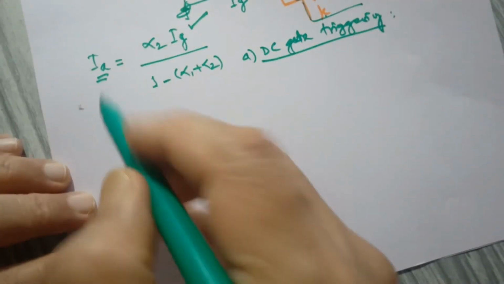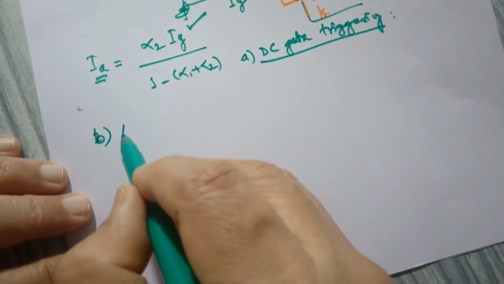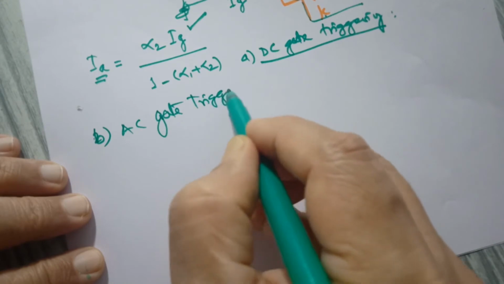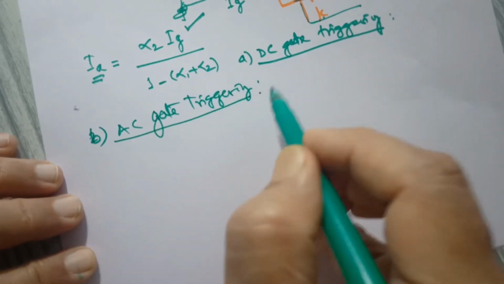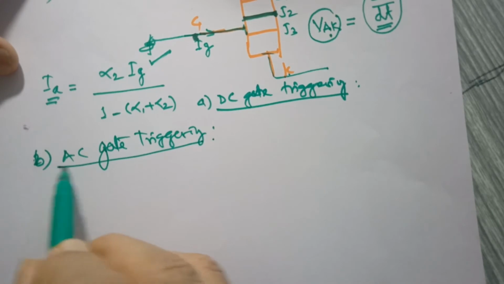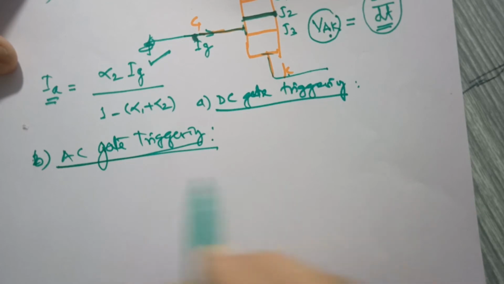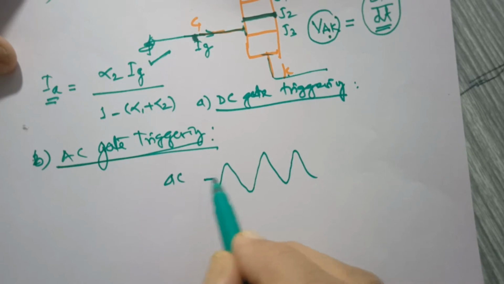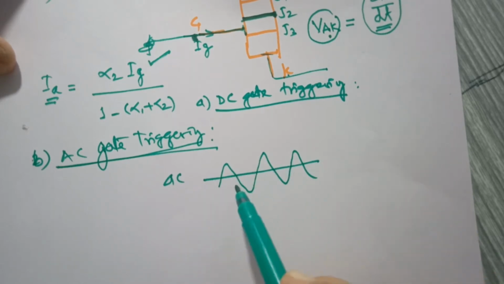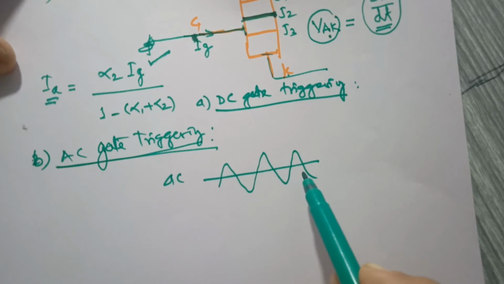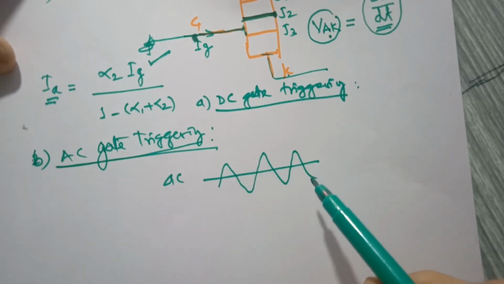You can have AC gate triggering. If there is an AC voltage source and you are operating some SCR in an AC circuit, then it is possible to use AC voltage like this, occurring periodically, and you can change the phase of these gate pulses or gate input so that you can trigger the SCRs.